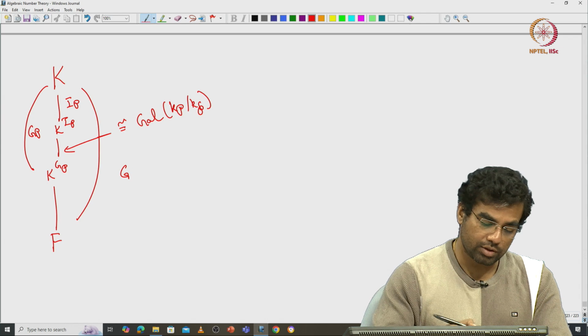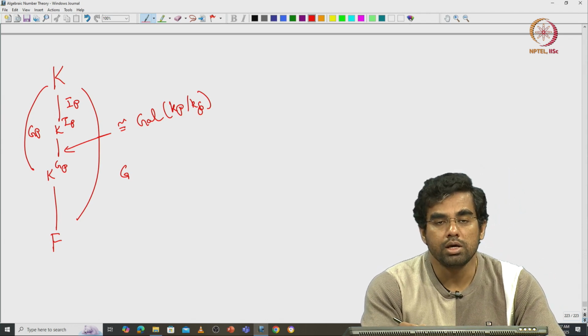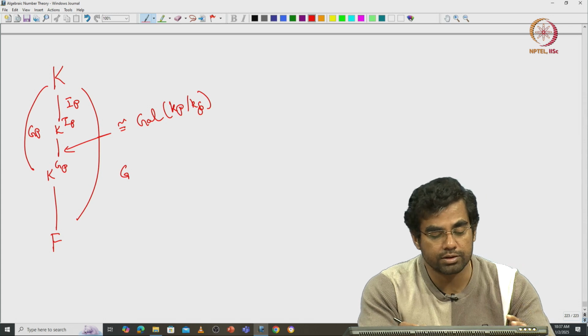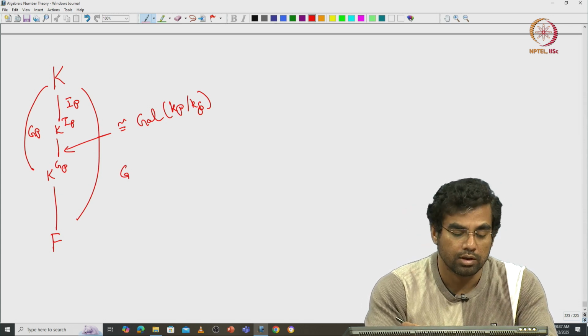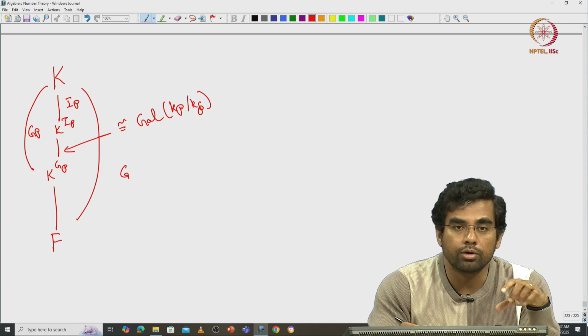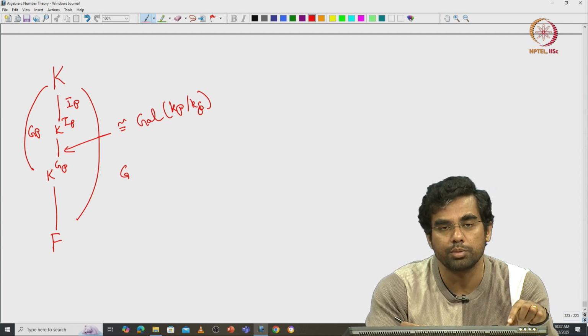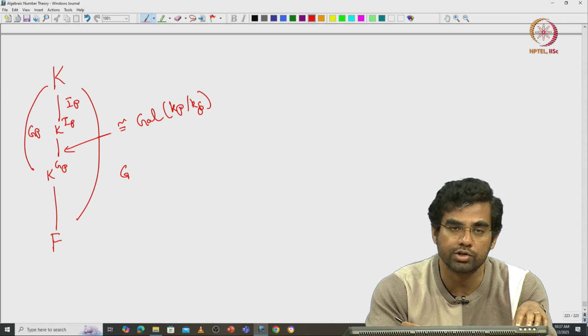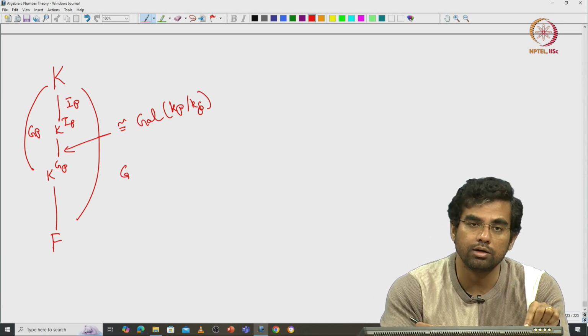All right. So this is what the situation is. Here what we are starting to do is the following. We want to understand the big extension K over F, but we are going to break up the study of such a big extension into these smaller pieces. We are going to study the decomposition group first, but to study it, we will study it in two separate parts.